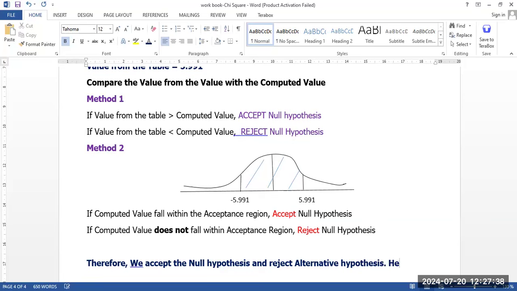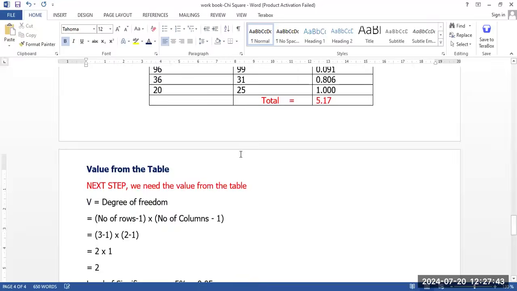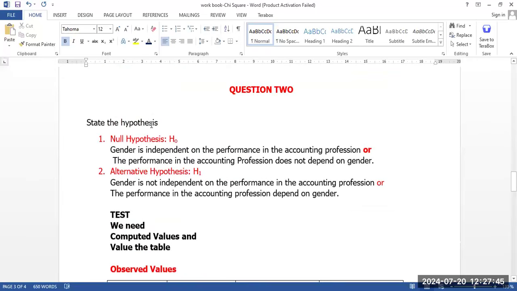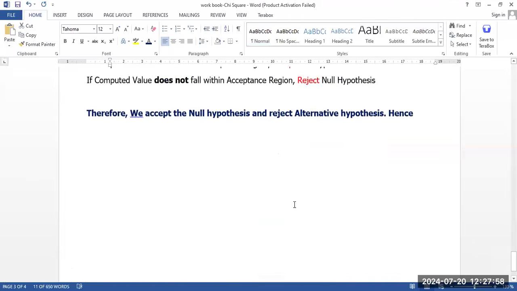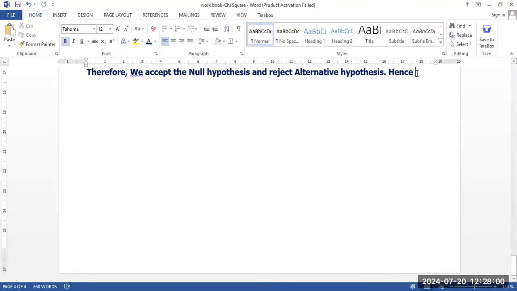Hence, bring the statement that was on your null hypothesis. What is that statement? We can say, hence, the performance in the accounting profession does not depend on gender. You just copy the statement that was on null. Remember when you put here "hence," we said put the statement that corresponds to the accept criteria.